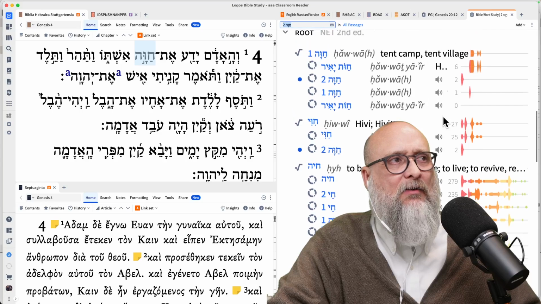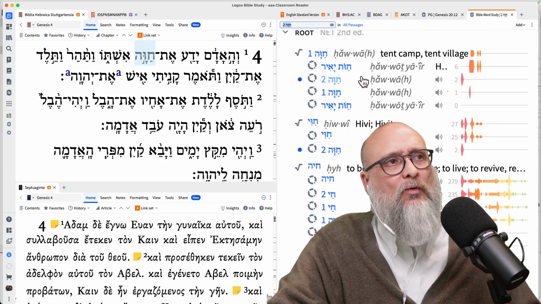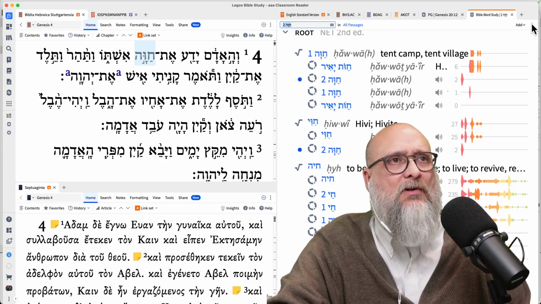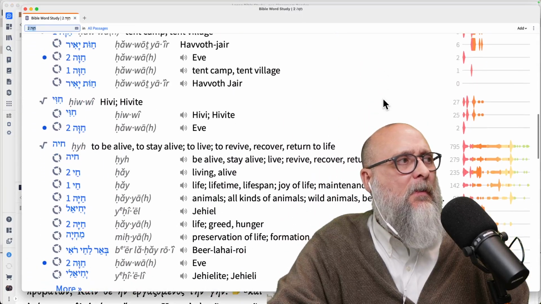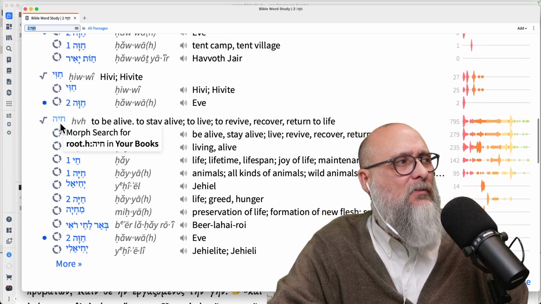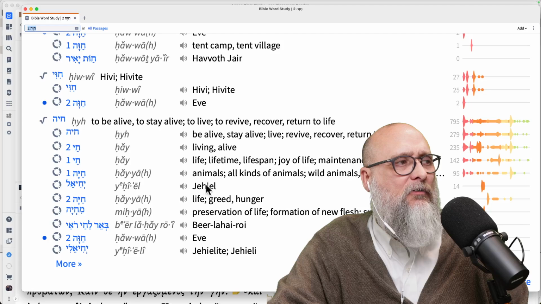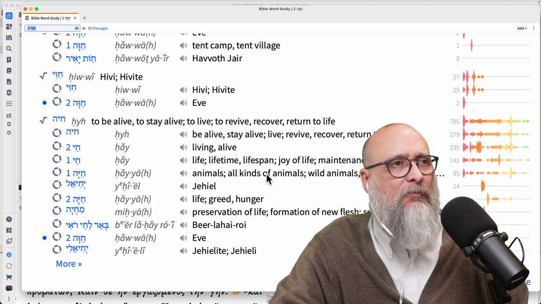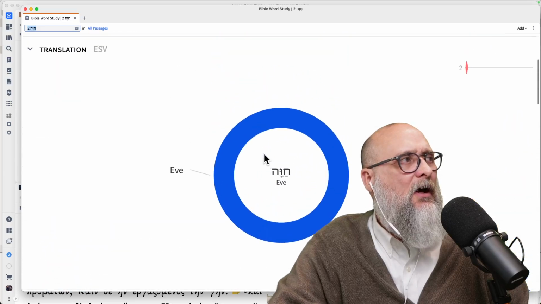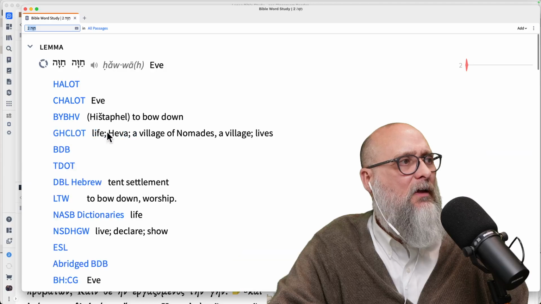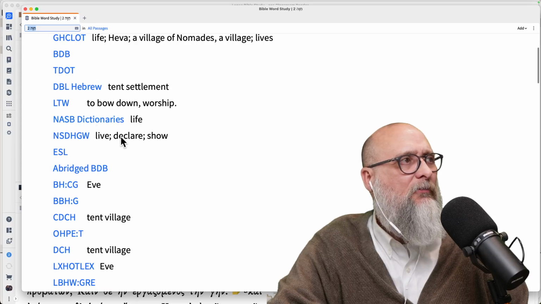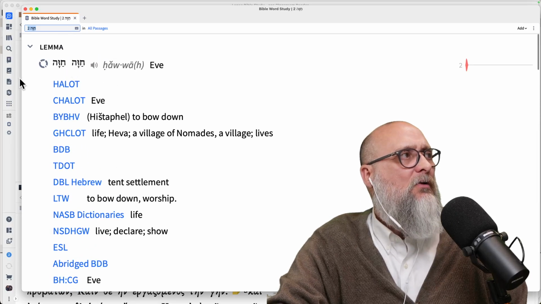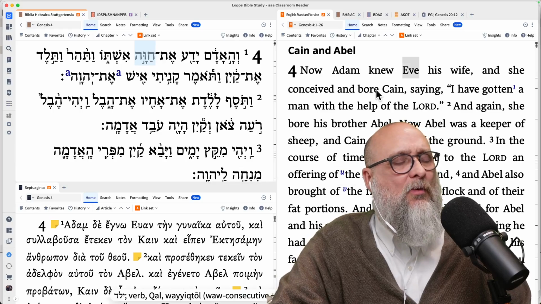And it will tell us related words, possible related words. And if I can just float this panel, you can see it comes from the root chaya, alive, be alive, all kinds of life connected words. Also, in terms of the lexica, you have life there. So, looking up the meanings of the word, it may be helpful.